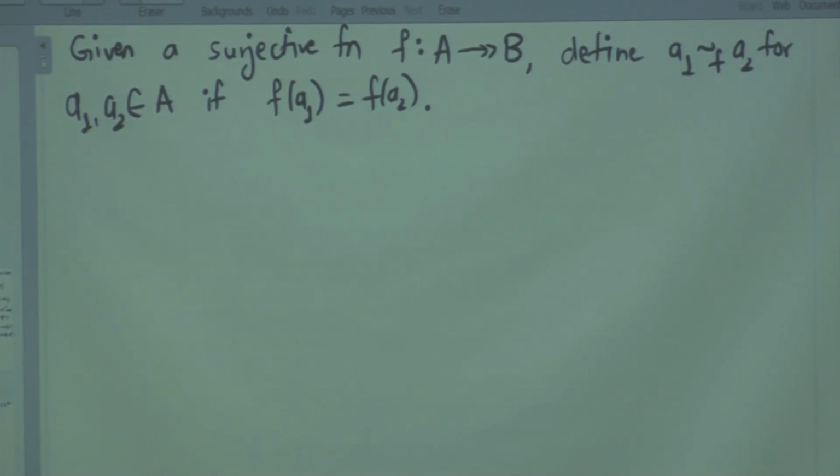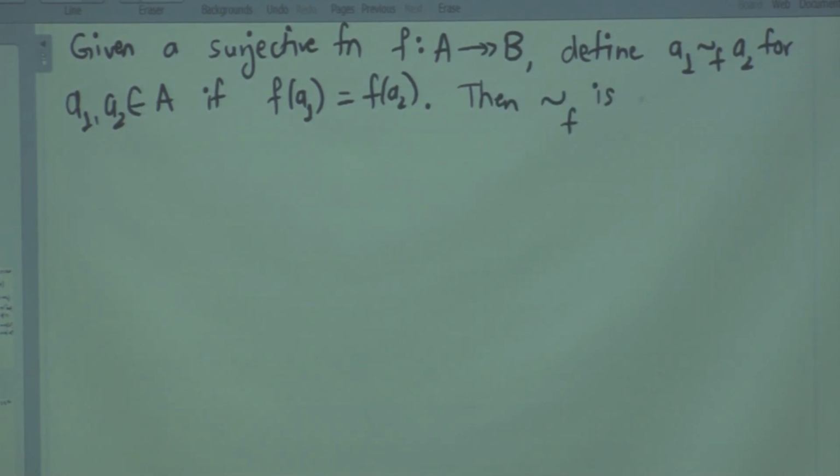Okay, so this is also an equivalence relation. Then tilde f is also an equivalence relation.